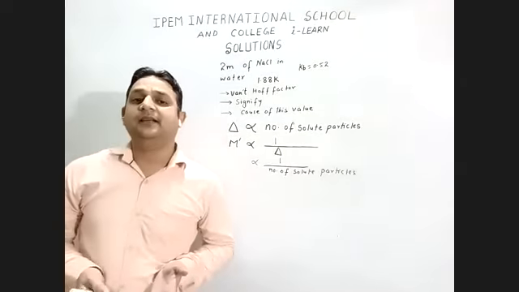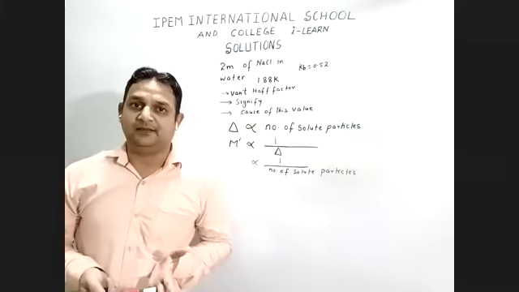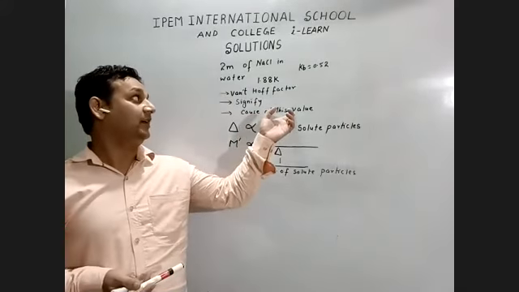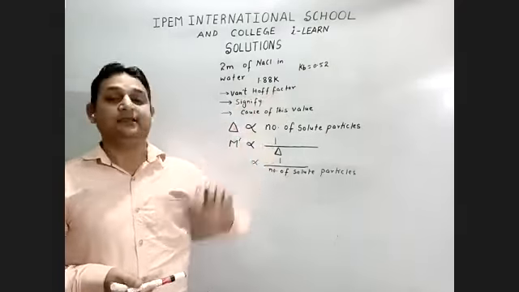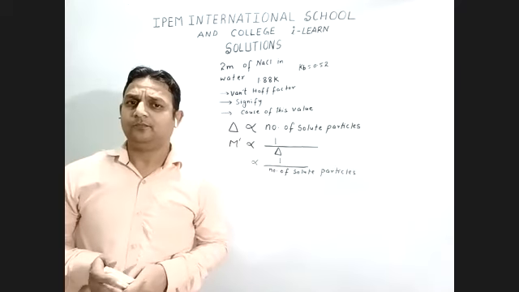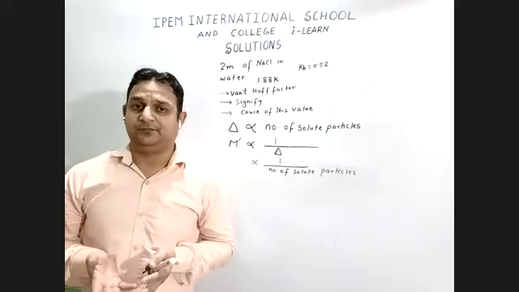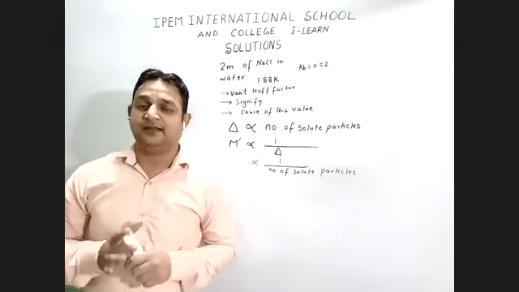Now, why does such a change take place? Here we have to say it is only because of this value. So the Van't Hoff factor and the change in molecular masses, that we have to understand.